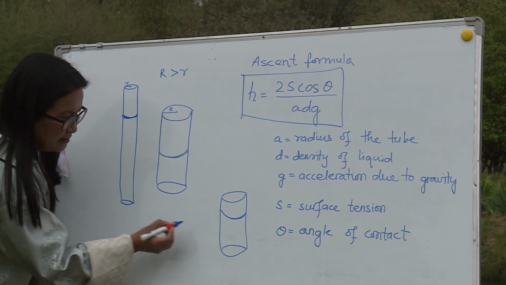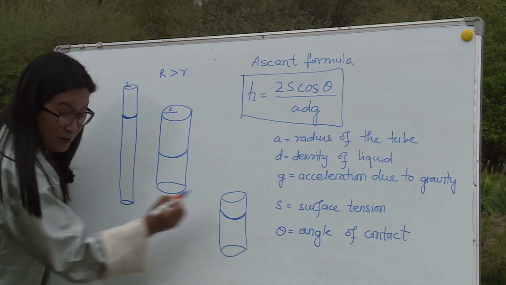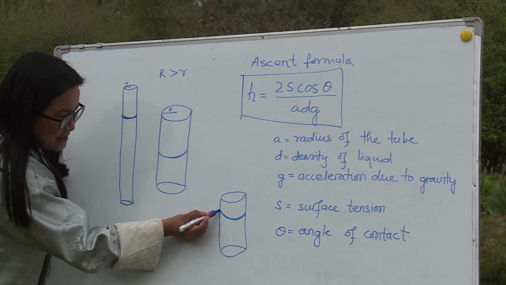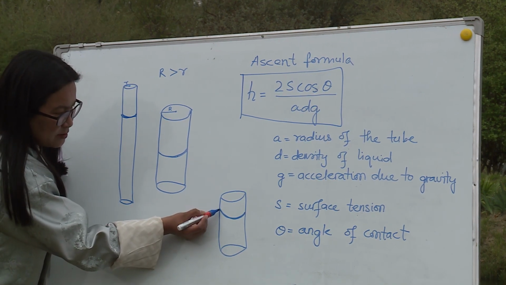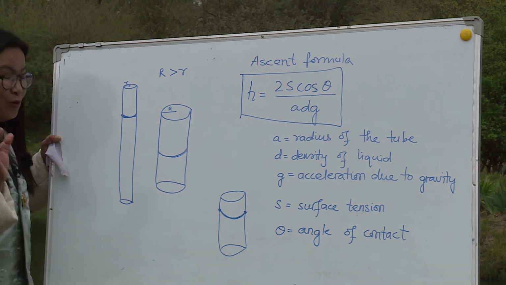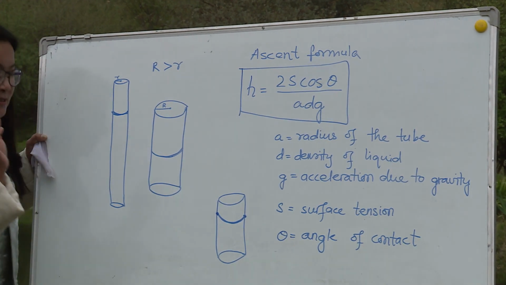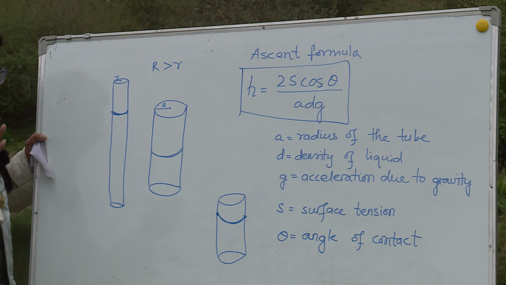I'll explain here. So this is the meniscus of the liquid level. It is touching the solid surface here and here. So these are the points of contact. From the point of contact, you have to draw a tangent on both the solid and liquid surface.